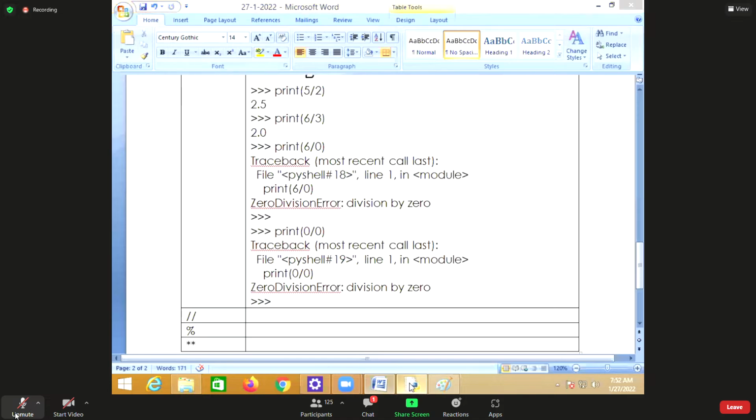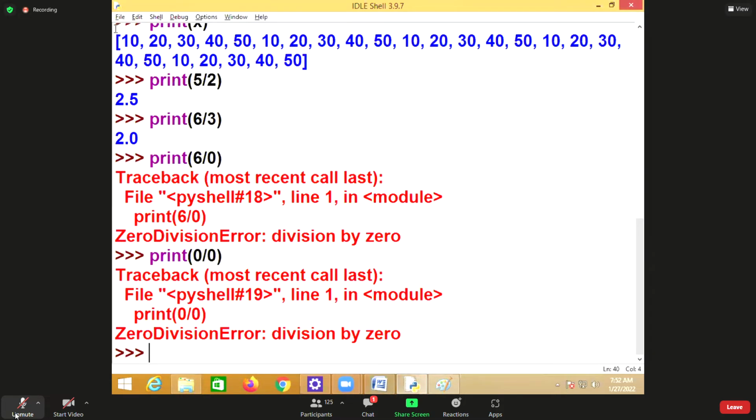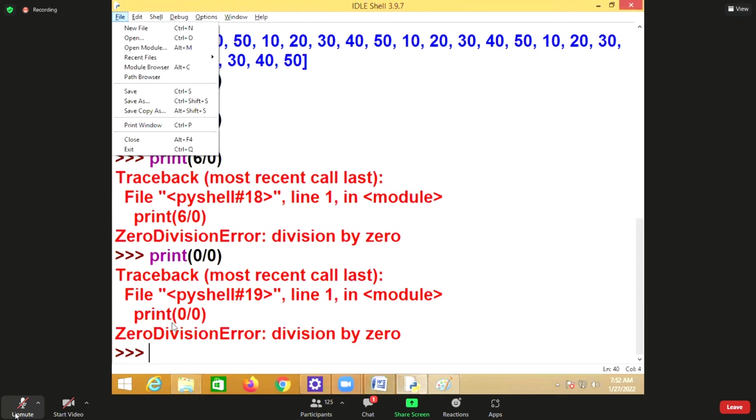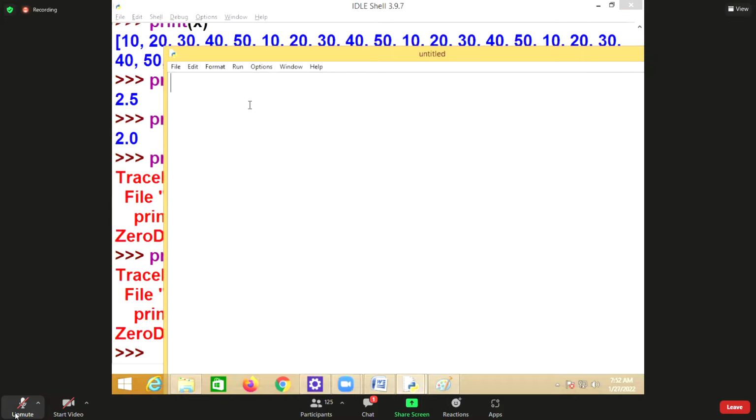For example, write a program here. How to write a program? Just see here: File, new file. This is a comment: write a program to find simple interest.